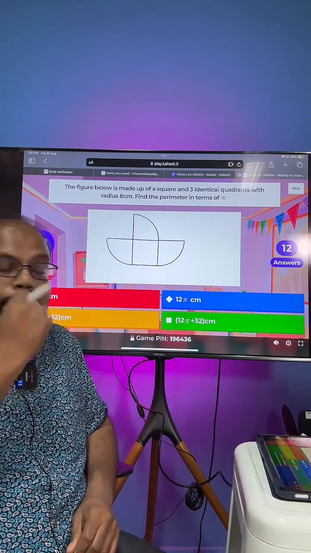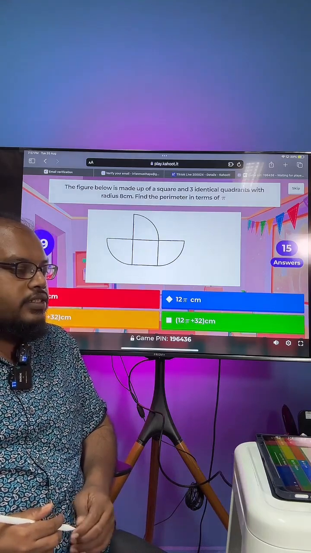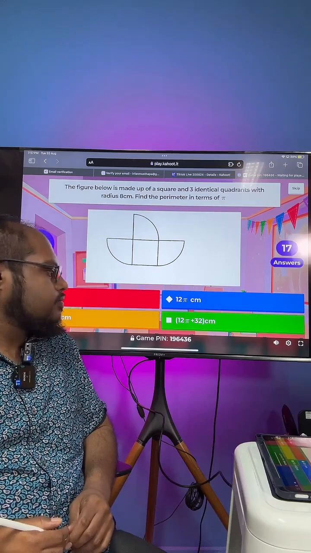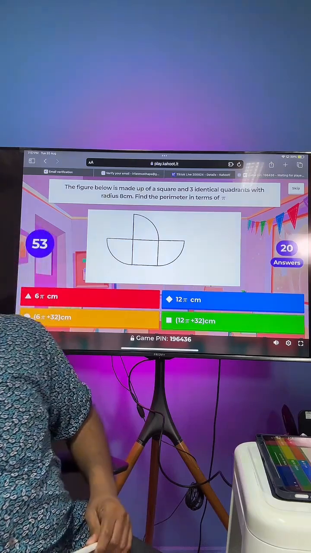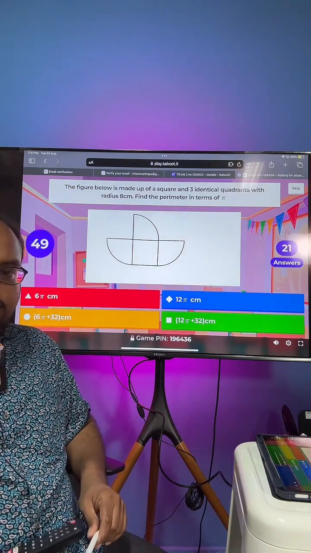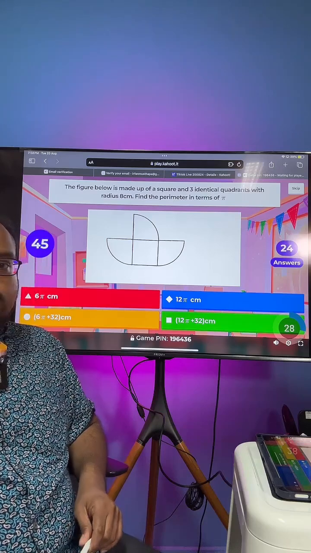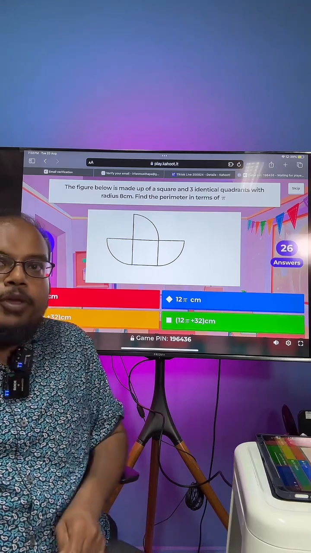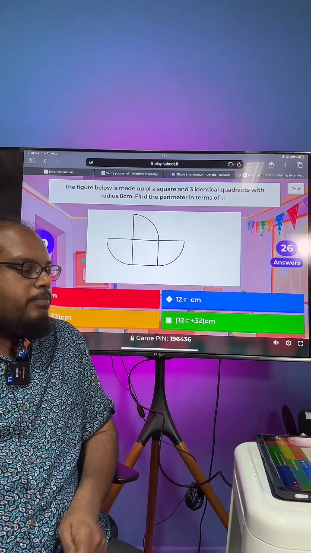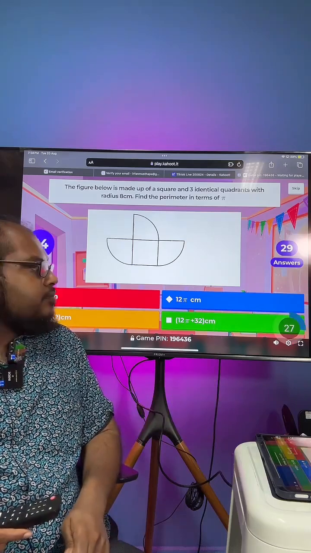Remember your formula for circumference. You can apply it here, but remember those are quadrants.